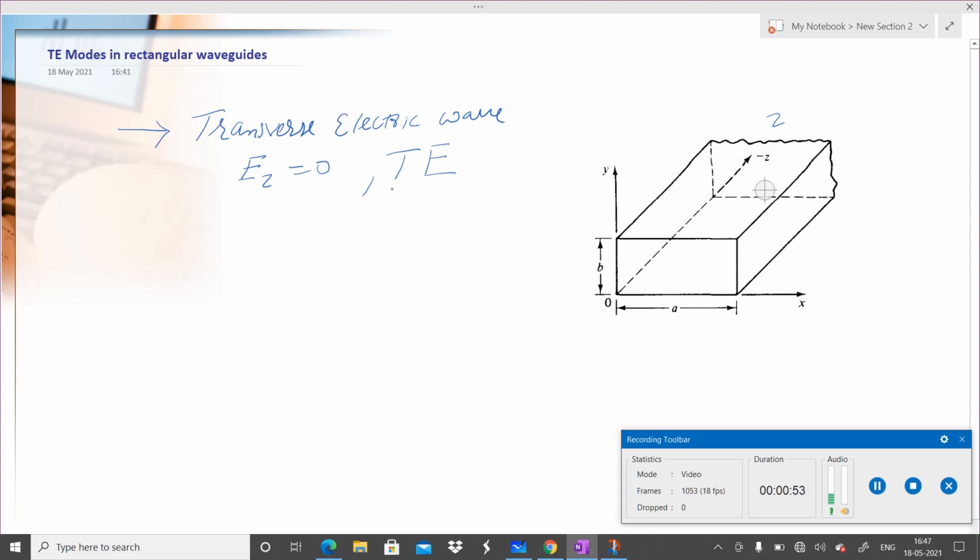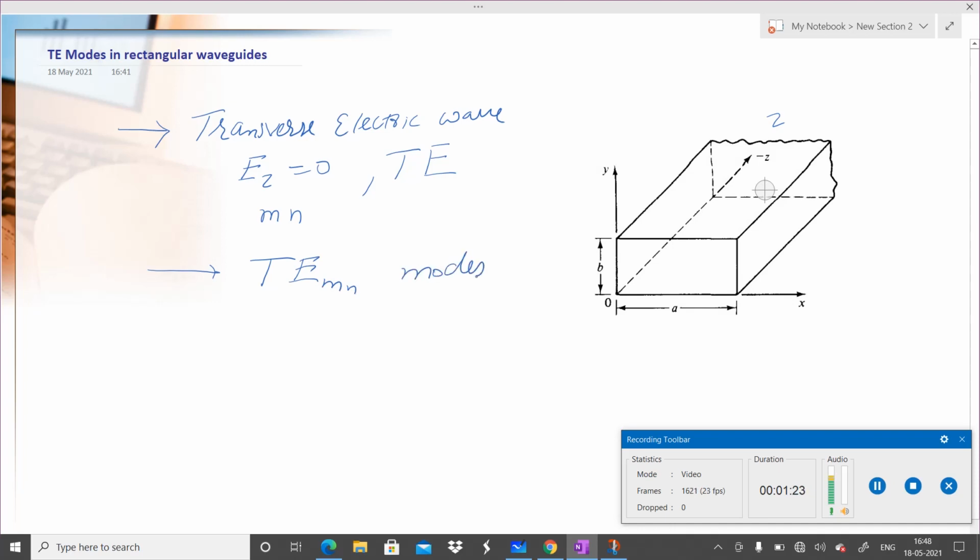And we will see very soon that, the way we derived the wave equation in the previous lecture, there will be two integers m and n, which will determine the different types of electromagnetic waves possible to propagate in the waveguide. Hence we characterize them as TEmn modes.